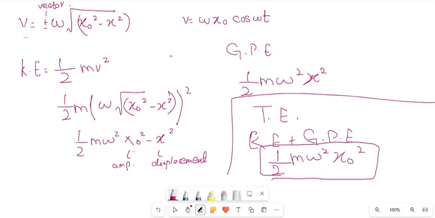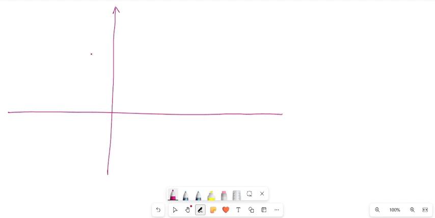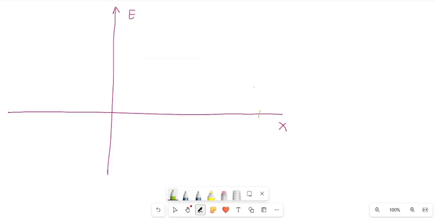Now that we are done with the kinetic energy formula, there is one graph that depicts all of this as well. Here we have x, the displacement, and here this is the energy, and here I can assume we have the amplitude.